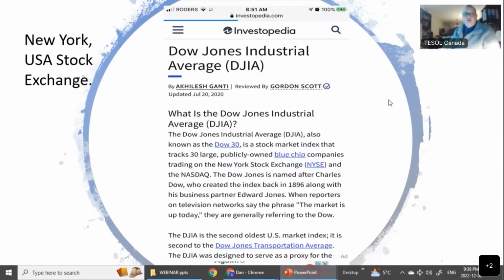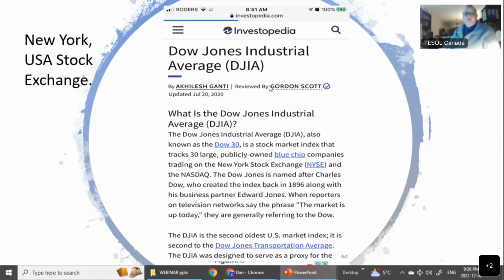And then in New York, in the United States, there's the Dow Jones Industrial Average. So when people talk about the stock market being up or down, they're usually referring to this US stock market, because the Dow Jones Industrial Average, the US stock exchange, is the largest stock exchange in the world.